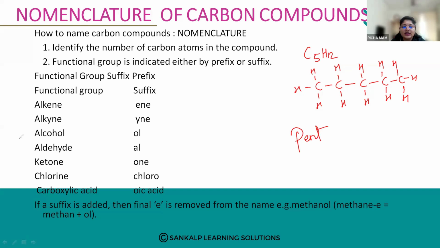All the carbon atoms have single bonds, so it is an alkane, and the name of the compound is pentane.